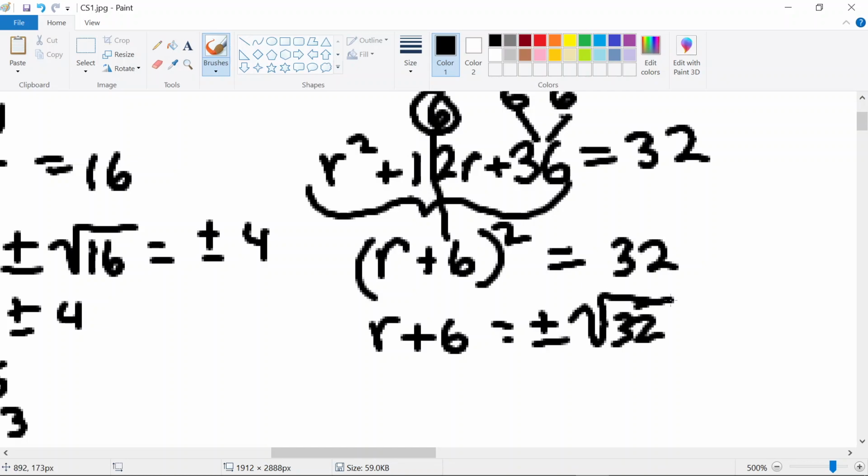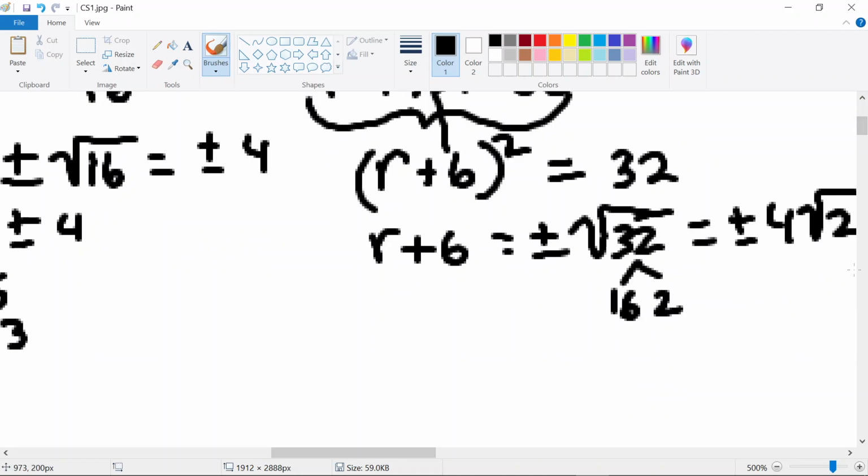I think square root of 32 has a perfect square factor. 16 times 2 is 32, and 16 is a perfect square. Square root of 16 is 4, so this is plus or minus 4 square root of 2. Then I'll subtract 6 from both sides. r equals negative 6 plus or minus 4 square root 2.